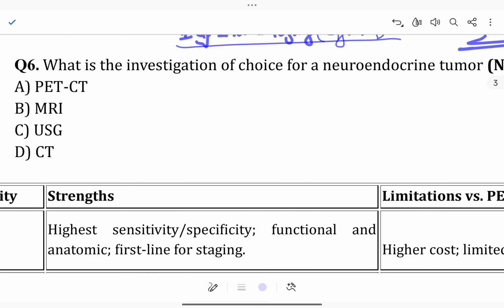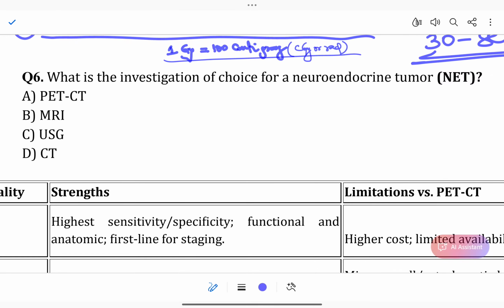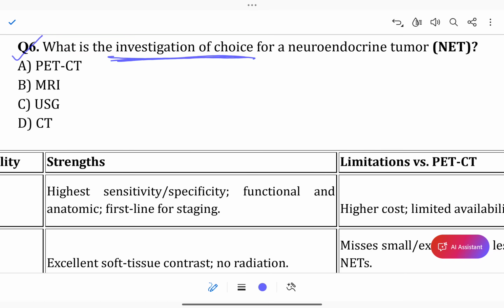Come to the next question, question 6. What is the investigation of choice for a neuroendocrine tumor, that is NET? PET-CT, MRI, USG, CT.